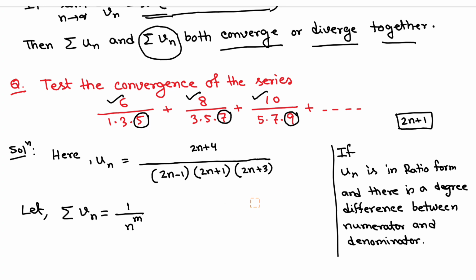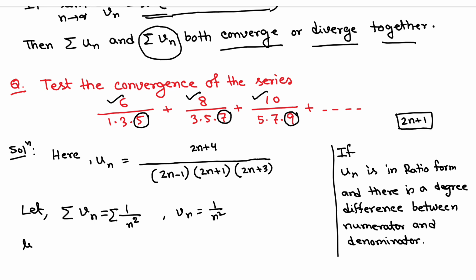So in this problem, the degree of the numerator is less than the degree of the denominator, and the difference is 2. So obviously we have to take the power on the denominator. So this will be summation 1 by n square. Clear? So now calculate. What is Vn? The nth term Vn equals 1 by n square.